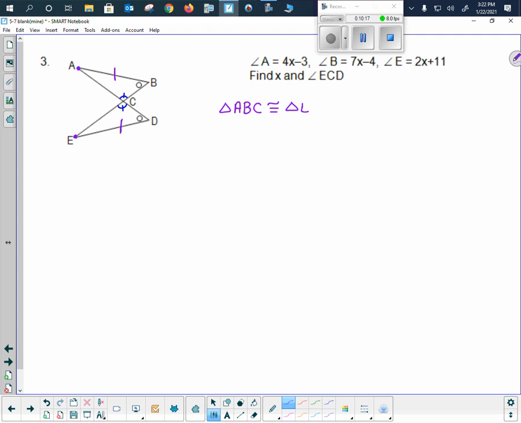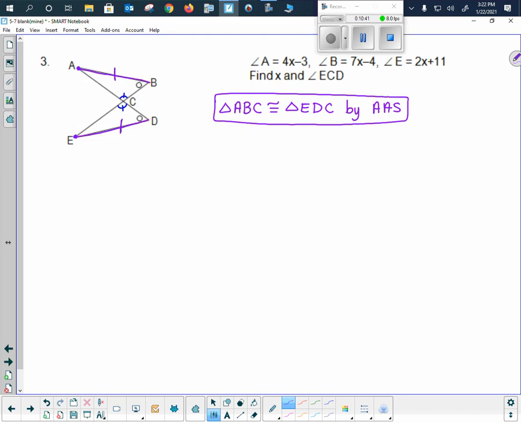So E and A are in the same corresponding place. If I go from A to B across the single mark, then you've got to go from E to D across the single mark. And lastly, land at C. We said they would be congruent by angle, angle, side. So capital AAS. We will box that part.